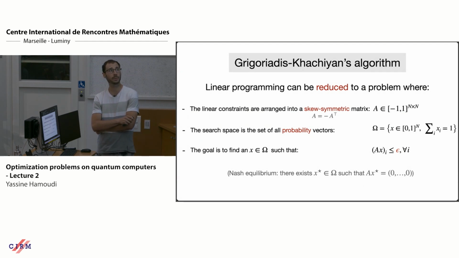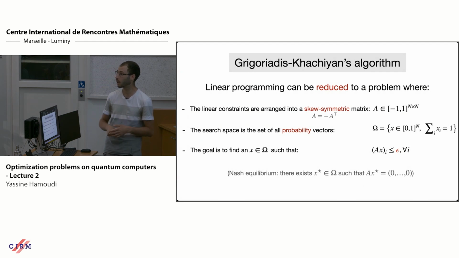Now you have a matrix A. Essentially, this is a matrix encoding of the linear constraints. We just put the linear constraints into a matrix that contains the coefficients, and we apply a few more transformations. So A is skew symmetric, meaning that A transpose is equal to minus A, and entries have been normalized to be between -1 and 1.